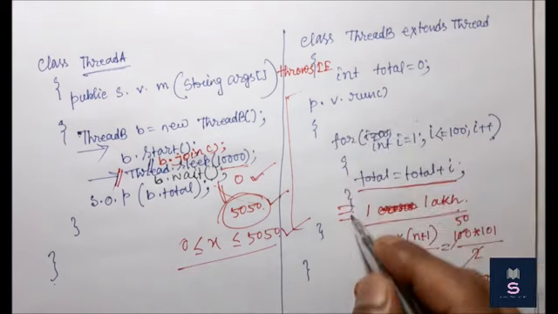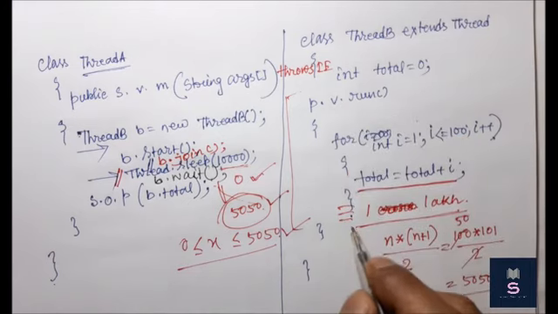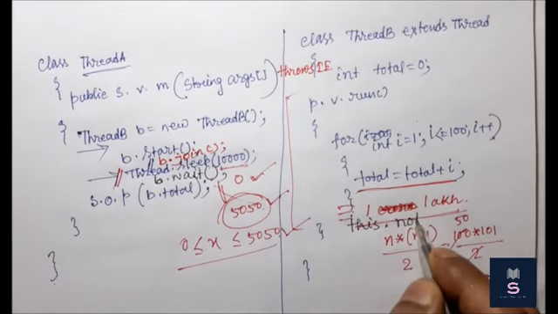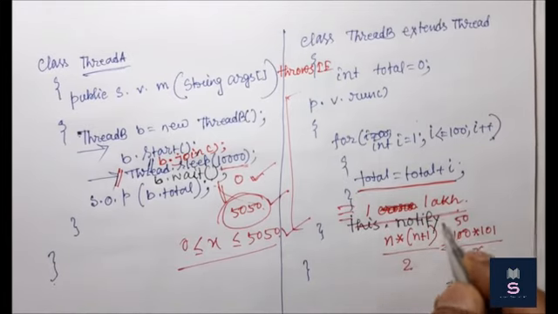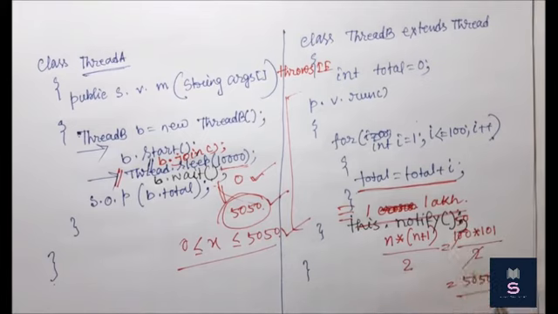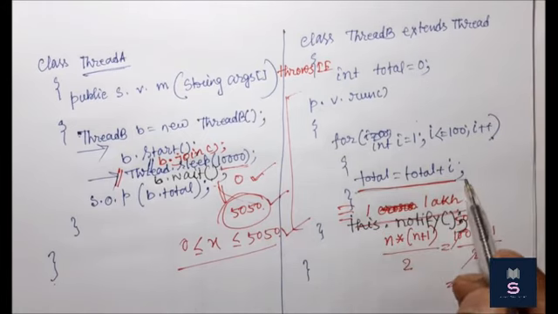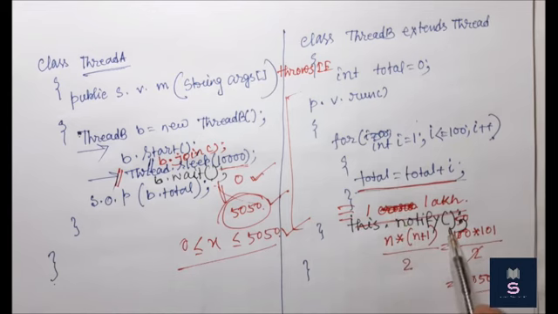And after completing my total, it will notify. So this dot notify method we have to call from the child thread. So what will happen? After calculating the total value, this thread will be notified and I will get the correct output that I am expecting, right.